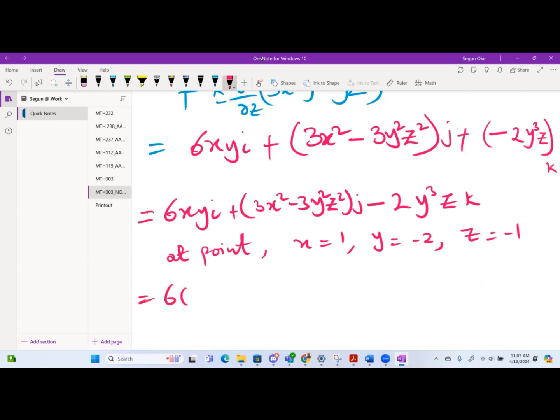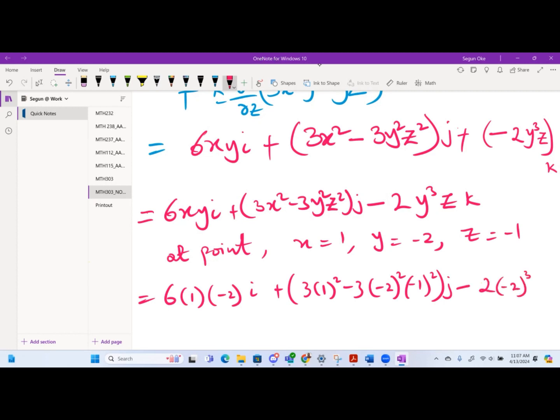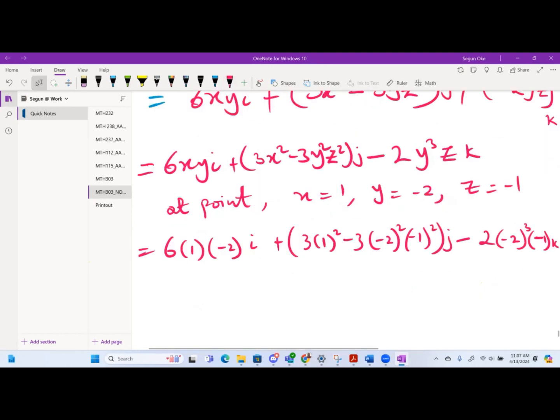You have 6(1)(-2) i plus [3(1 squared) minus 3(-2 squared)(-1 squared)] j, then minus 2(-2 cubed)(-1) k.